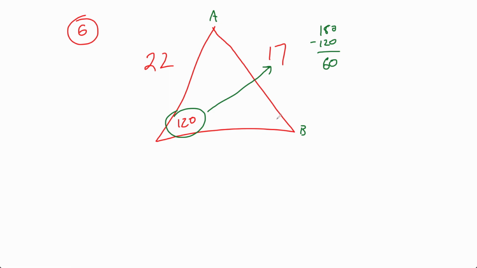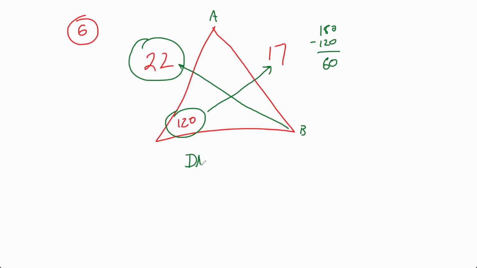But here's where the problem lies. Even if I could make this 60 and just pretend A gets nothing, which would make this not a polygon, I have a major problem here. I don't have enough available angle for B to be greater than 120 and produce a side length that is greater than 17. So this problem right here, I don't have to do anything.